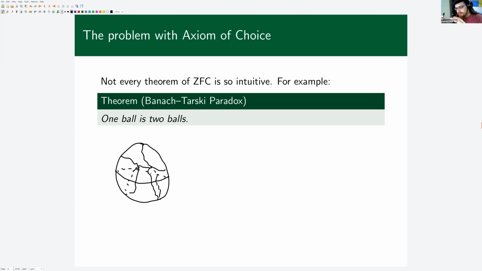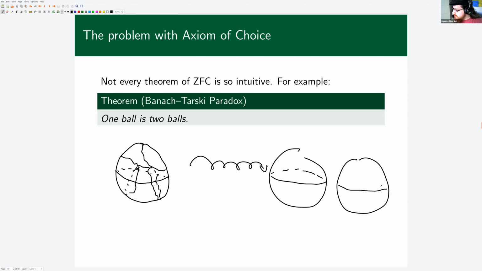When you split it up, you can take those pieces and move them around using just rotations and translations. You don't have to stretch them or bend them or anything like that. And you move them around such that at the end, you have 2 spheres the same size as you started with. So you take a ball and cut it into finitely many pieces, and then you put them back together, and all of a sudden you doubled what you started with.